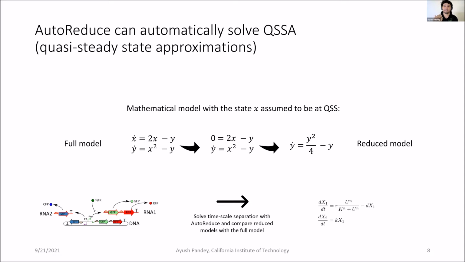So whenever I'm saying that a species is at steady state, I'm essentially assuming that it gets to its steady state quickly, and I do not care about the time scale of how quickly it gets to that steady state. That would be the fast time scale in the model. And the slower time scale would be the species that I'm interested in, for example, Y here.